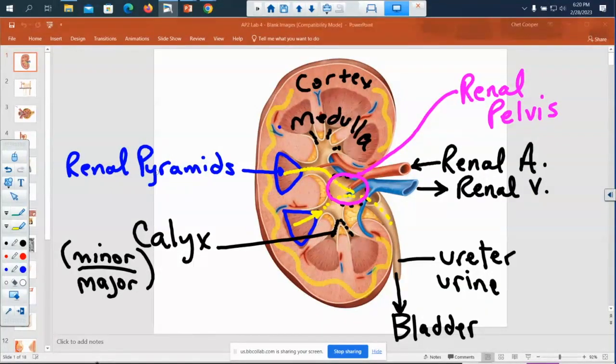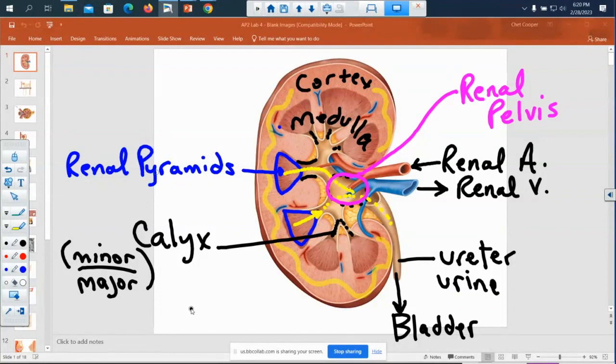It's really not a big deal for us in lab. I wouldn't have had you label the difference between the two typically, but I'll say it so you've heard it just in case. I don't recall anybody getting a question about this on the lecture test, but watch this. Each pyramid has its own little tube like this. So that would be called minor because it goes to one pyramid.